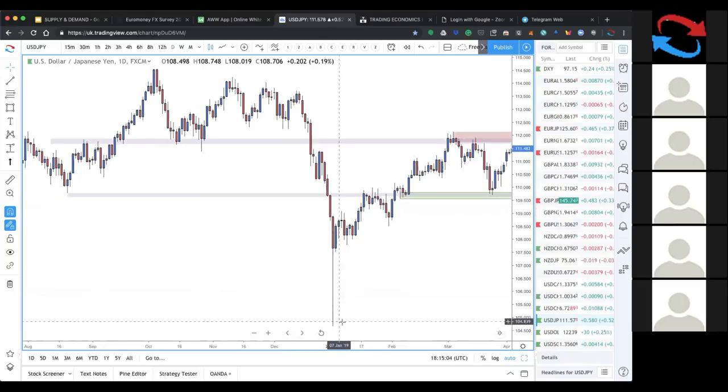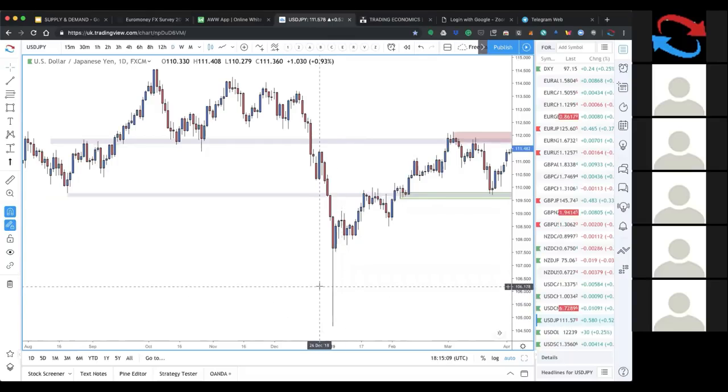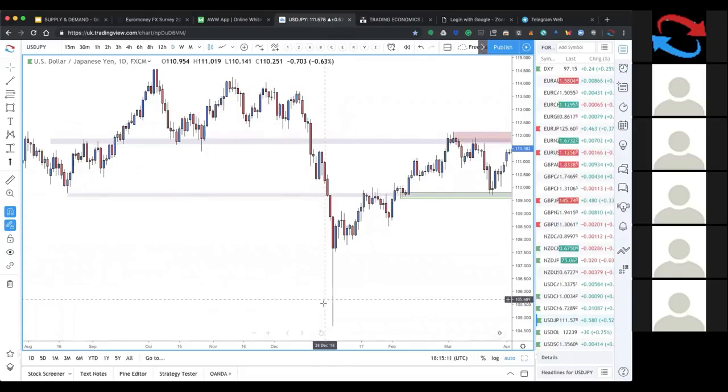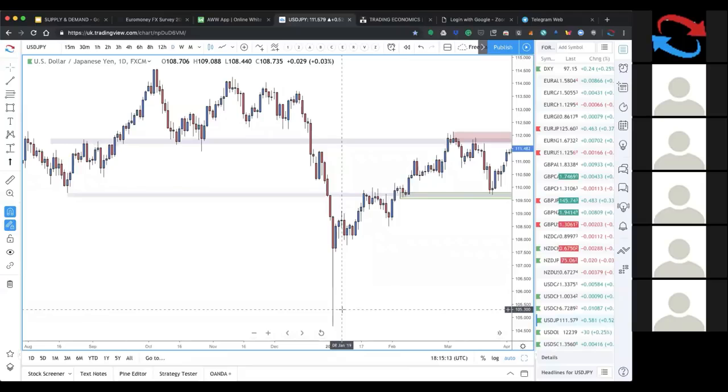When risk goes back on, the Japanese yen, if you're looking at it fundamentally, is basically worse than the US dollar.